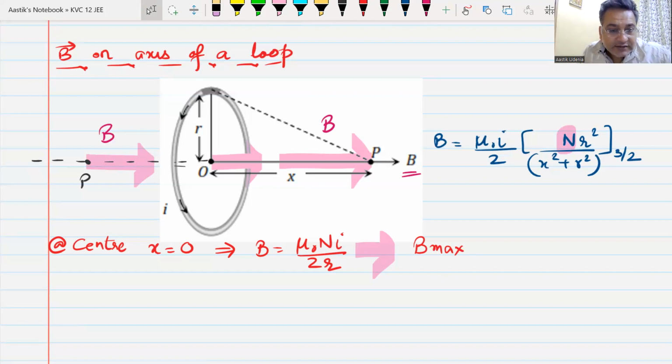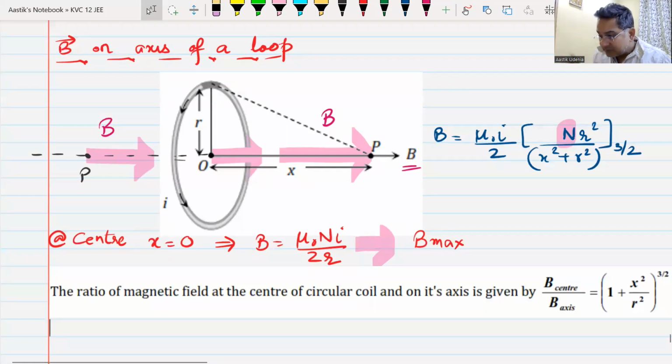We understand this? Yes or no? Yes, sir. Then you can remember this small thing: magnetic field at the center divided by magnetic field at any point on the axis where the distance is x, the ratio becomes 1 by x square plus a square to the power of 3 by 2. Yes or no? Yes, sir.